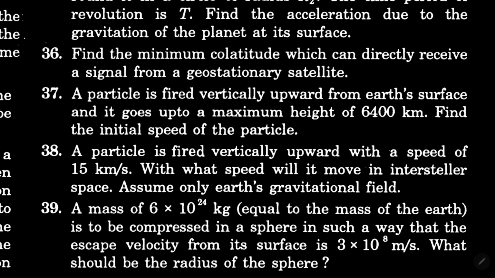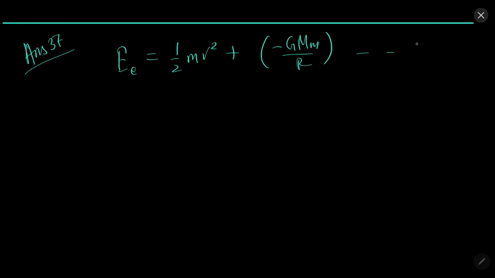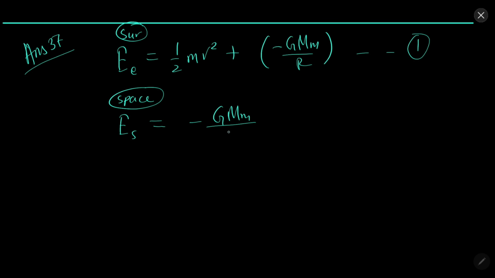In question 37, a particle is fired vertically up. We need to find the initial speed of the particle when it goes up to 6400 km. Solution 37. So energy is half mv square minus GMm over r. This is equation 1. This is at the surface of Earth, and this is in space at height h. So minus GMm over r plus h, and kinetic energy will become 0. So this is 2.